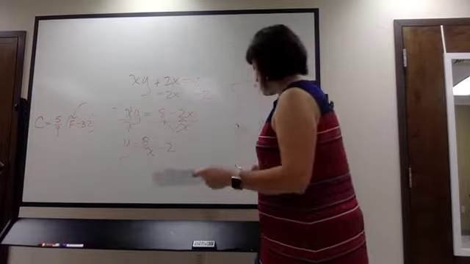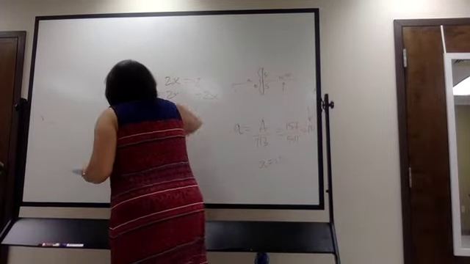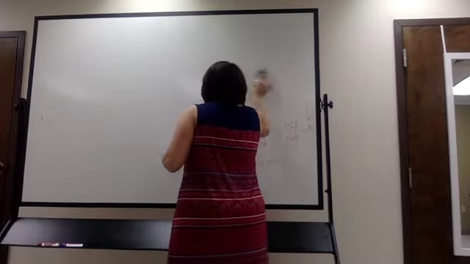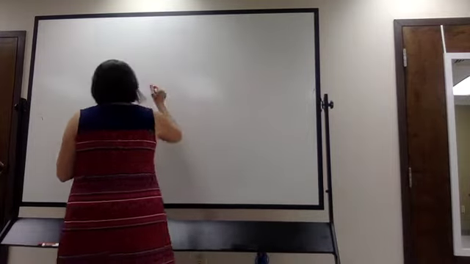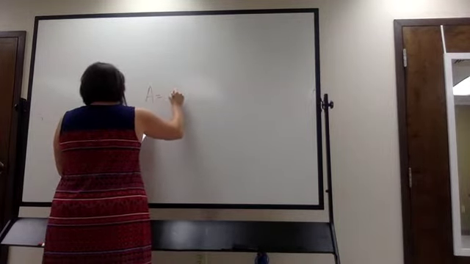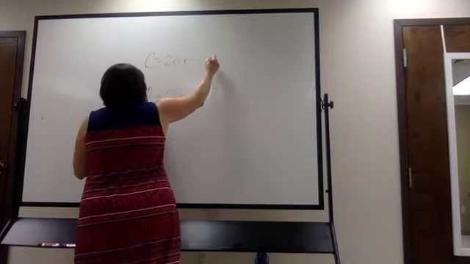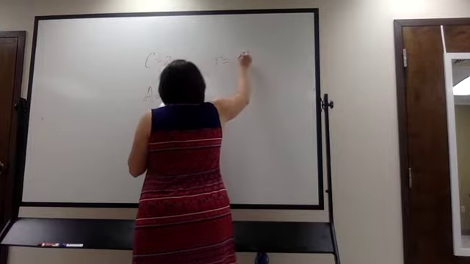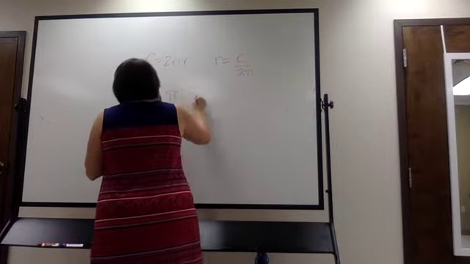So what she's saying is, she got C equals 2 pi r, and she did get r equals C divided by 2 pi, and then she just put it in like this.